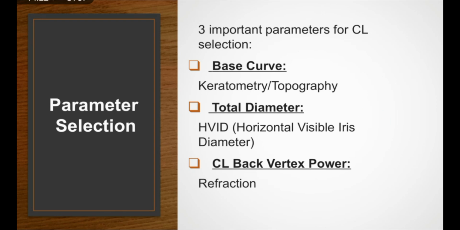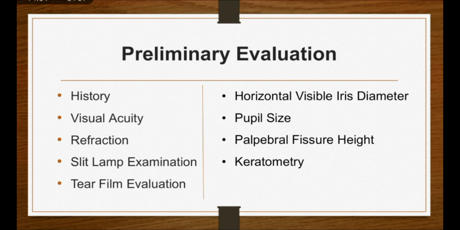In the pre-fitting assessment, I have told you we have to measure horizontal visible iris diameter, pupil size, and keratometry. So these three things were important in that case. How are they important? Because by horizontal visible iris diameter we can calculate the diameter of the contact lens.